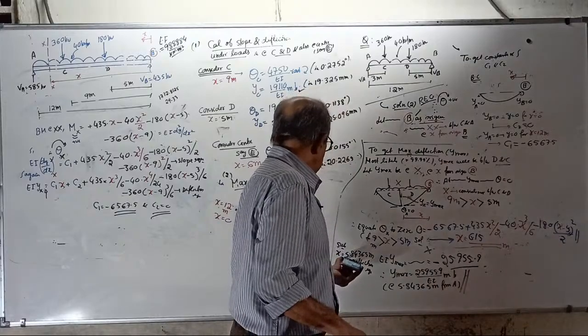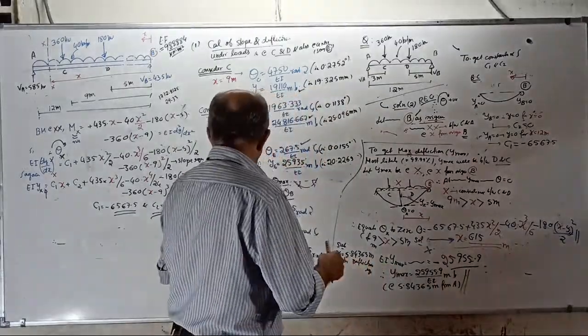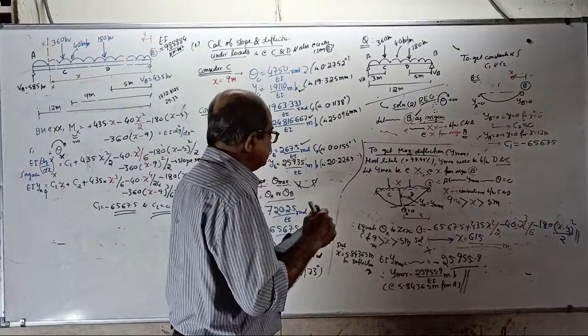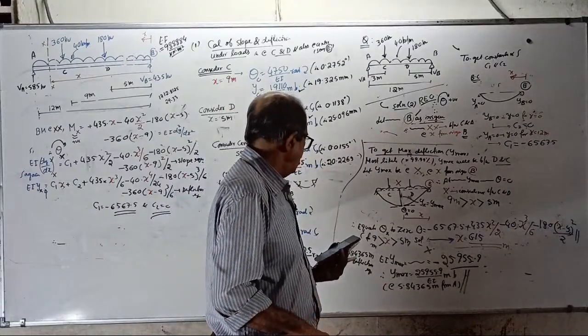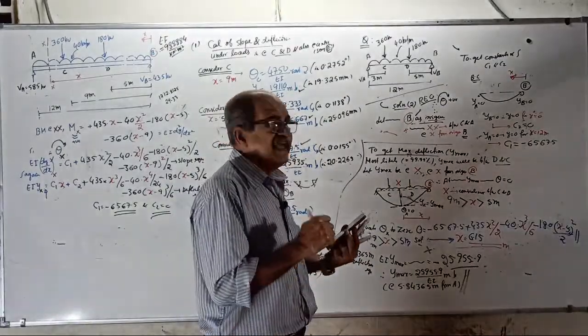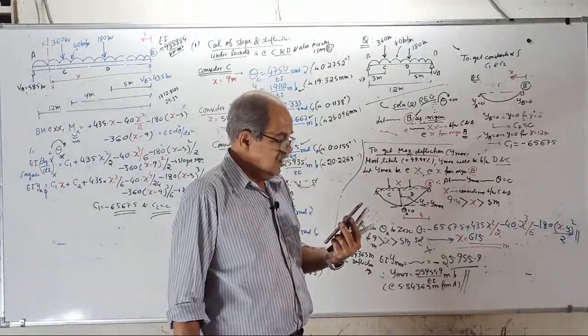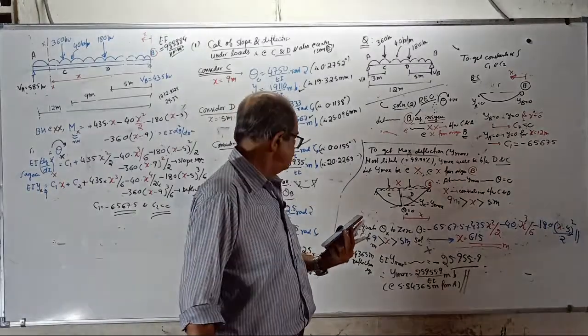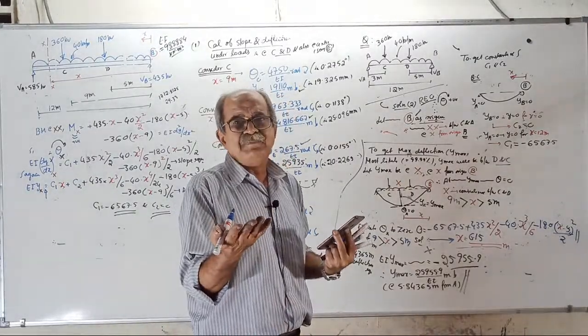When it is 5.84365 from here, how is it 6.56365? How is it 365? What is this calculator? How can it come 365? I don't know what is happening to mathematics.